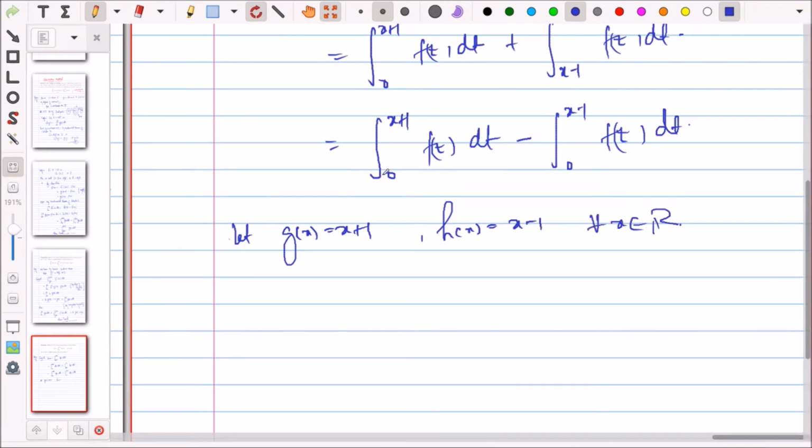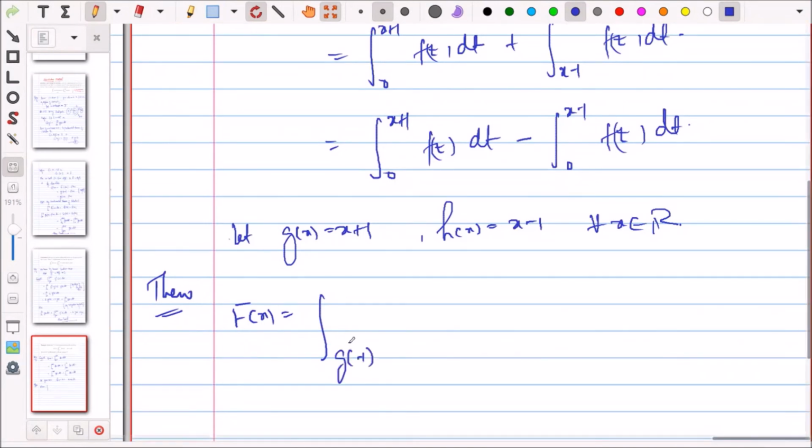So g will take 0 at what value? What value of x will give you 0? Minus 1, right?